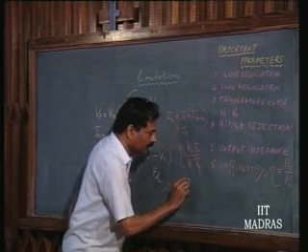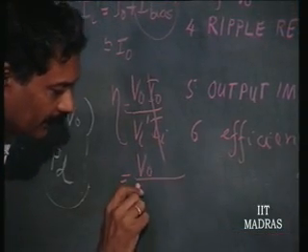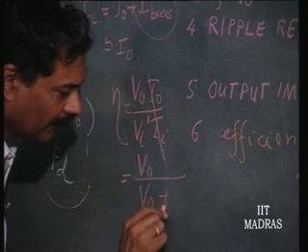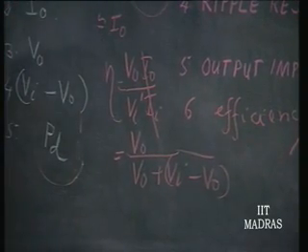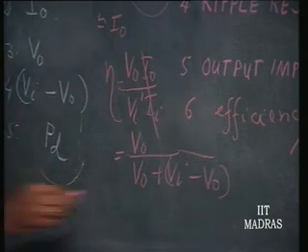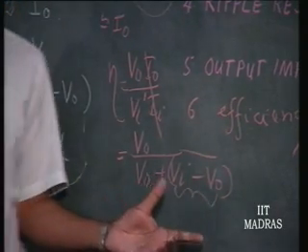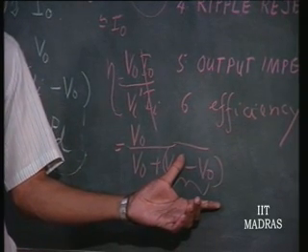This is nothing but V naught divided by V naught plus V I minus V naught. What is important is that V I minus V naught should be made very, very small in a good design.